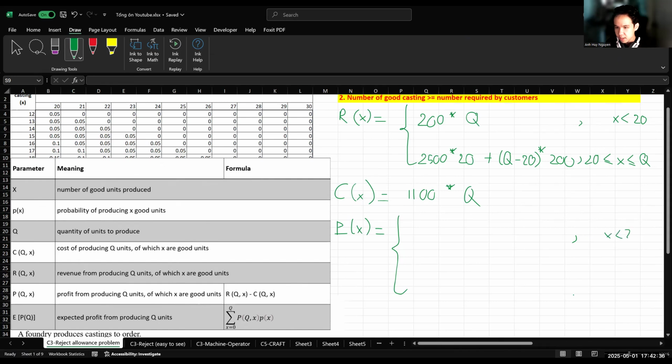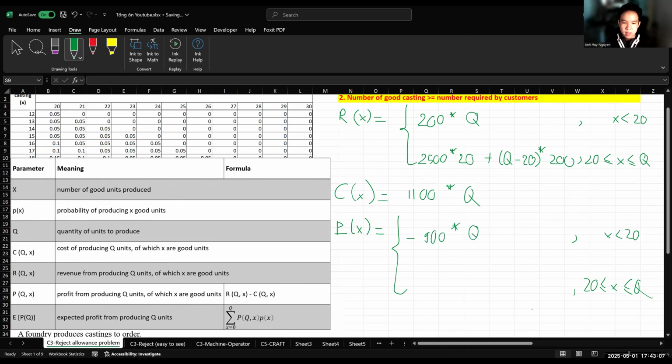Below 20, the revenue for this scenario will be 200Q minus 1,100Q. It will equal minus 900Q. So yeah, it's very bad for the business.